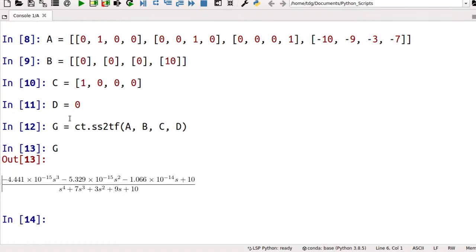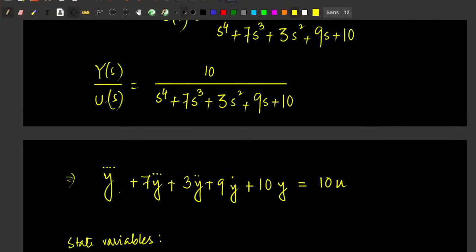The state space model can differ based on how it is constructed. Okay, so do you want a screenshot of this? Let me just take a screenshot of this and attach it.